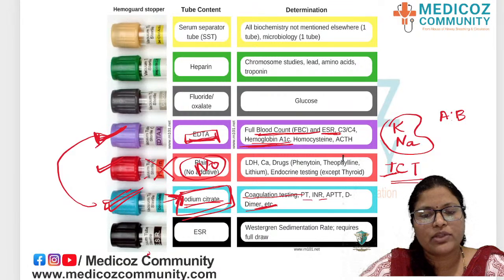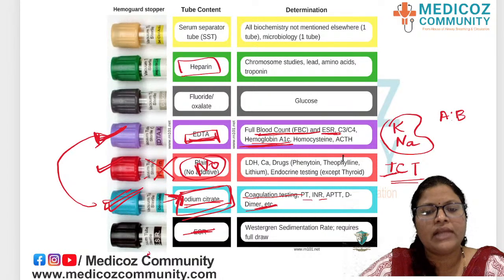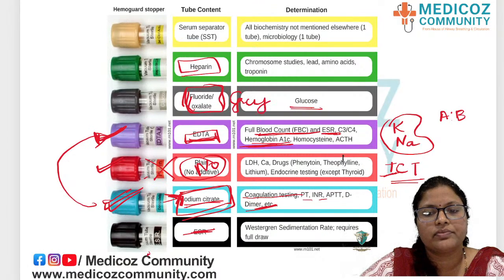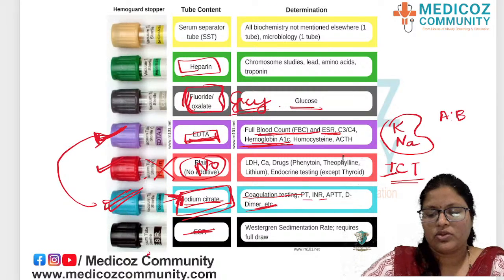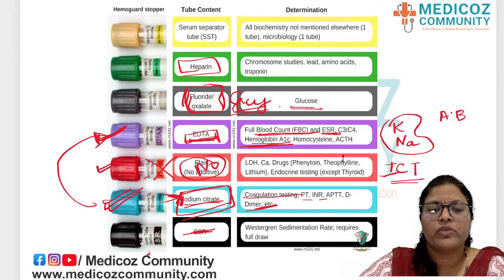So the black vacutainer is for ESR, the green vacutainer is heparin, and the best vacutainer to estimate glucose level is your fluoride or oxalate vacutainer. It's a little grayish, gray in color. So I think this is another very important question.